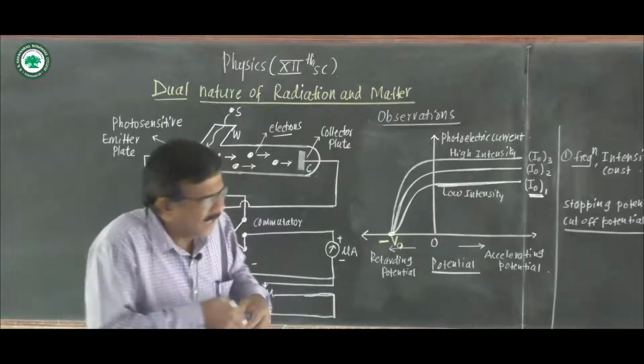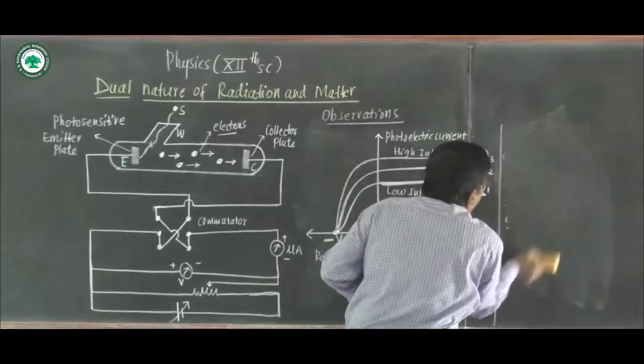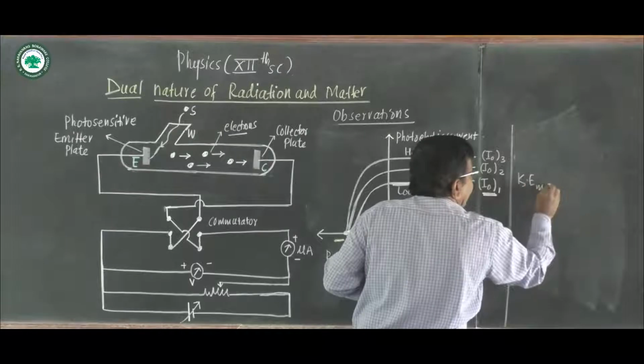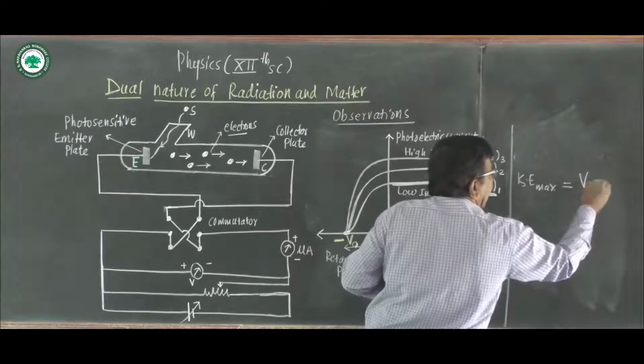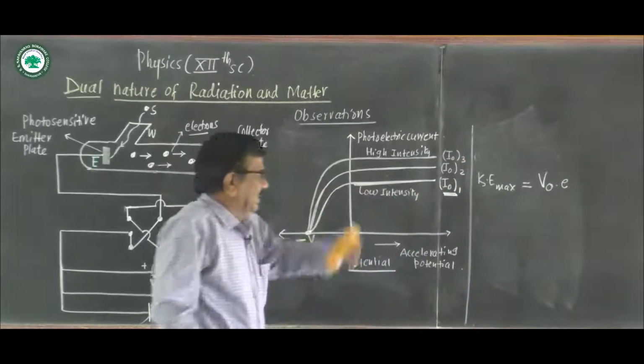and hence the maximum kinetic energy, Ke max, is equal to the stopping potential times the charge on the electron. That is the work done.